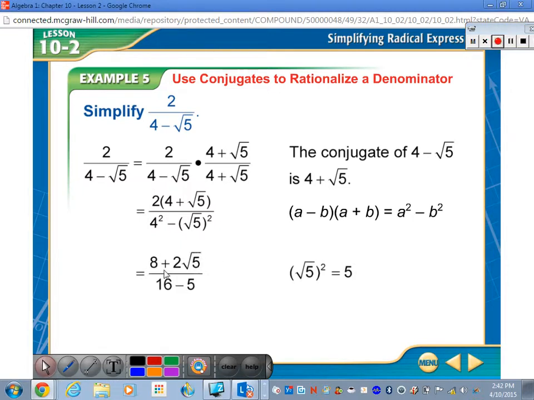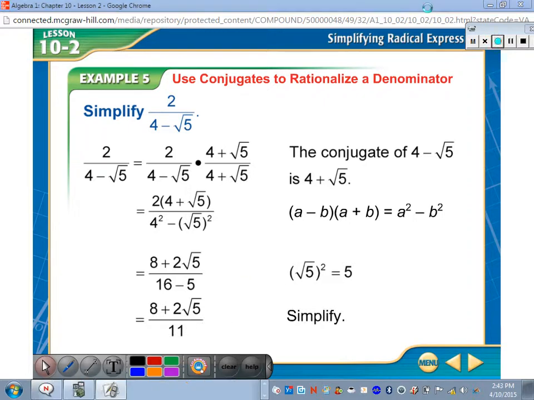Okay? So there you go. And you end up with 16 minus 5, which is what I got right here. Then you are going to subtract that, and it's simplified, and it's done. Okay? That's it. I mean, because square root of 5 times square root of 5 is just 5. And that's how you do the conjugate to rationalize the denominator.